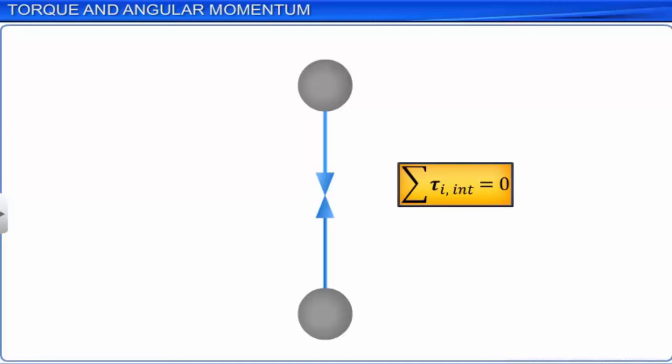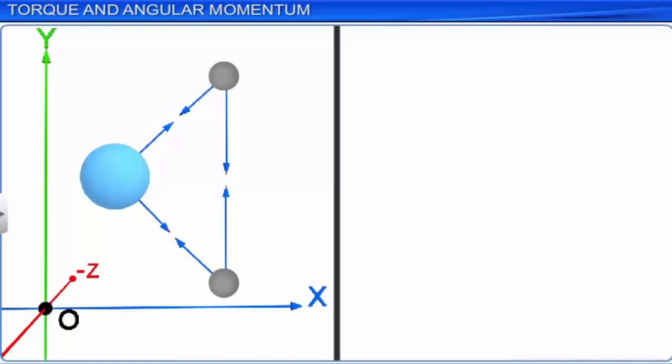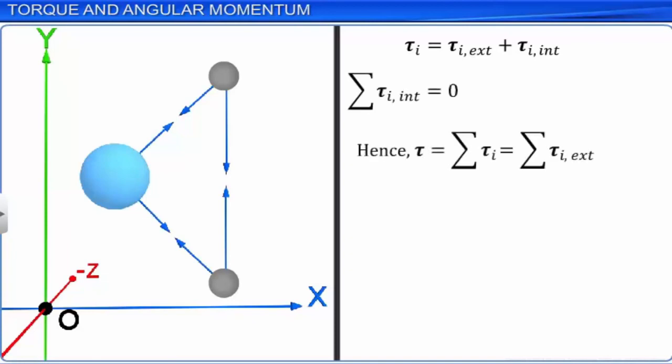The total torque on a system of particles is the sum of the external torques acting on the system. This implies that the rate of change of total angular momentum of a system of particles about the origin is equal to the sum of the external torques acting on the system taken about the same point.